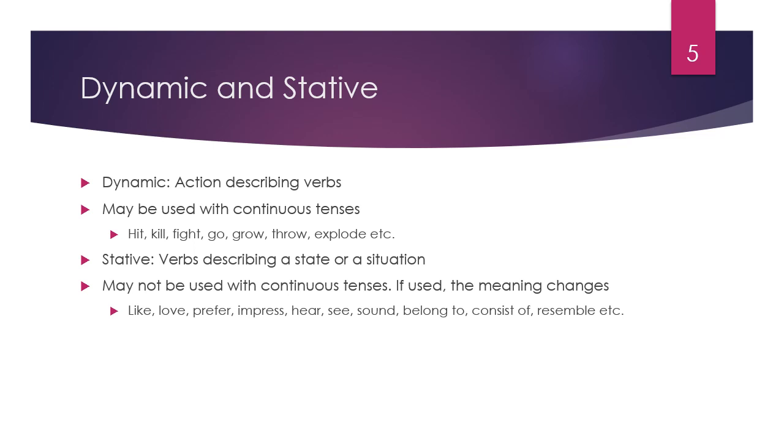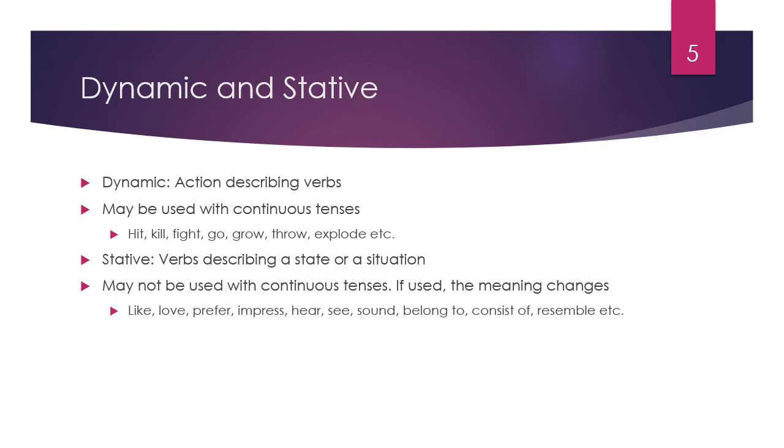All such kinds of verbs that can be used with continuous tenses are called dynamic, and they will be representing a certain action. Stative verbs, on the contrary, are those that describe not an action but a state or a situation. So a state or a situation would mean, for example, can you hear him speak? This is a situation that you're trying to describe, or maybe the state of somebody, whether that somebody can hear or not.